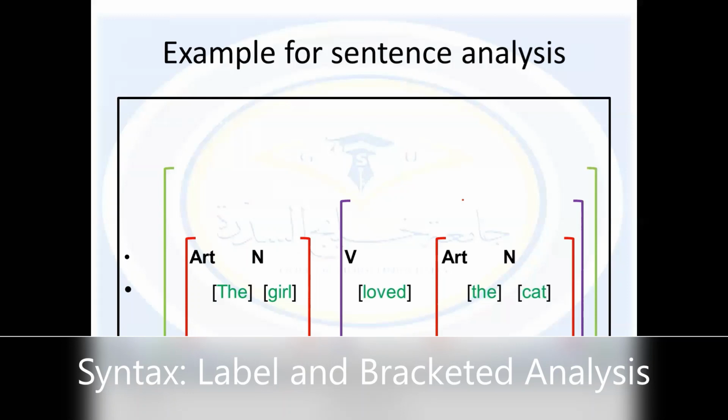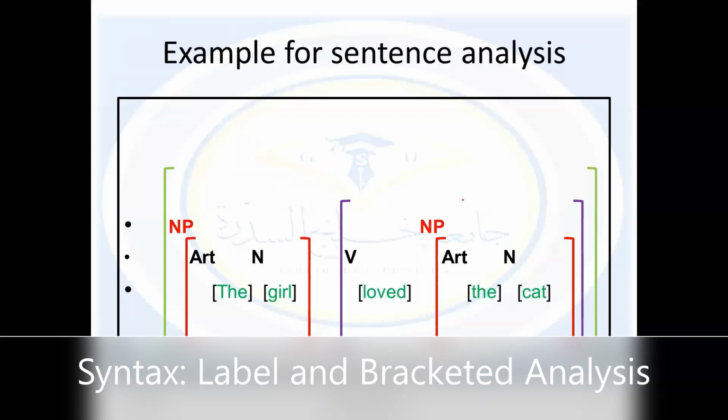Then we should think of a larger unit. So what is the larger unit than word? Here we'll find the phrase. When we find word plus word equal phrase. So article plus noun equal noun phrase, and here we have two noun phrases.